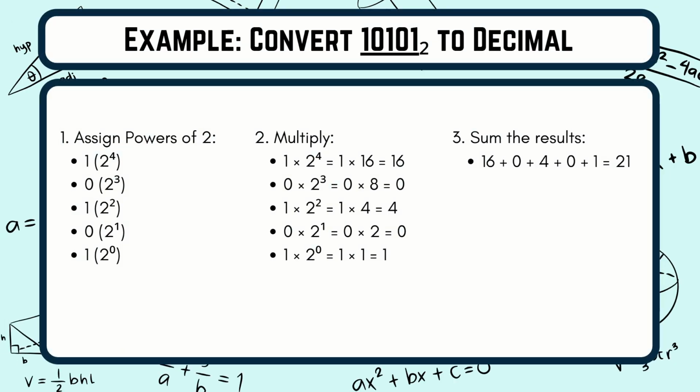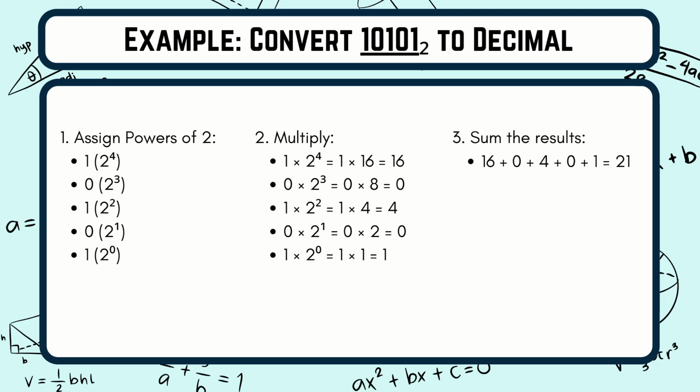So here is an example on how to convert a binary to decimal. So we have 10101. That's a binary number, and let us convert it to a decimal number. So first, assign powers of 2.